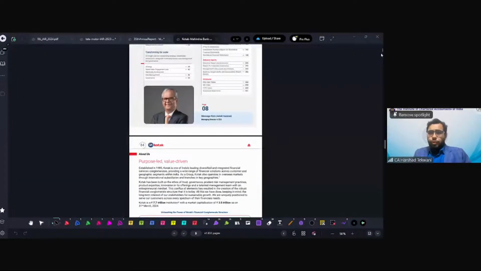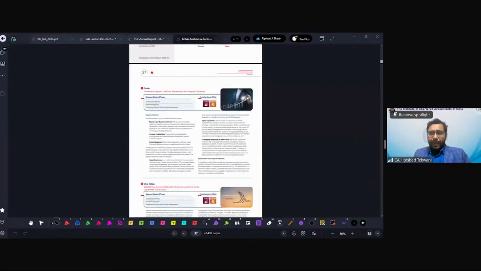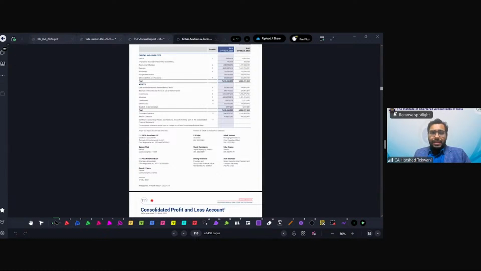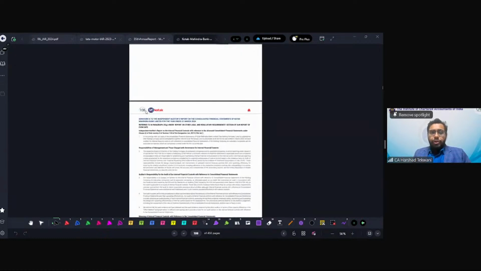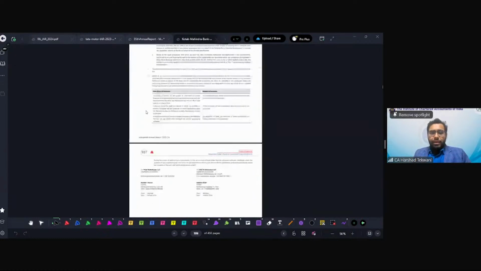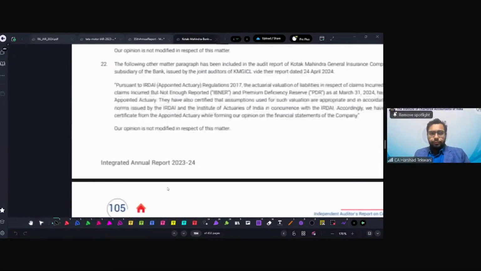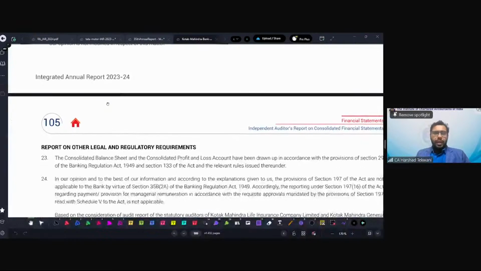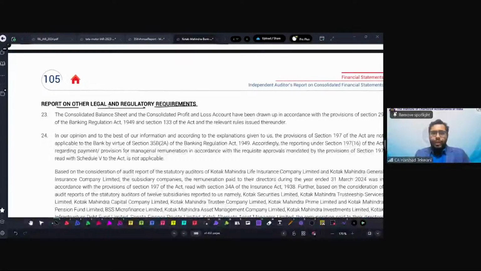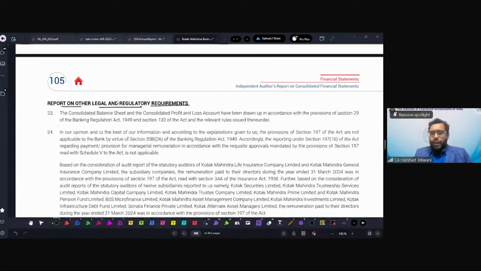Okay, so we will go. This is a particular bank. Okay, and we will see now how this particular paragraph or reporting under this paragraph changes. See, this is the report on other legal and regulatory requirements. Now this is a consolidated one.